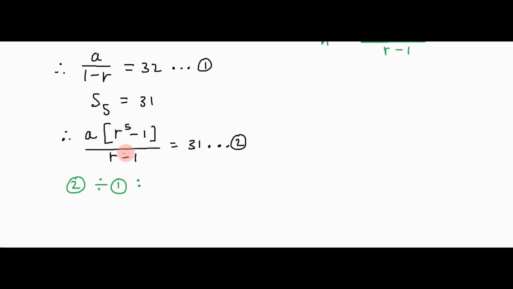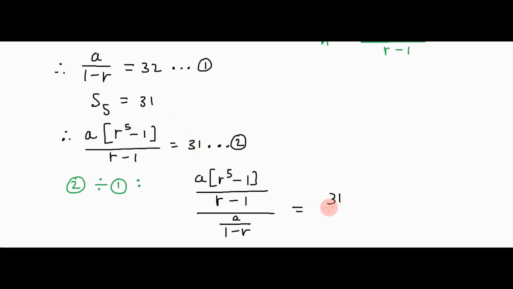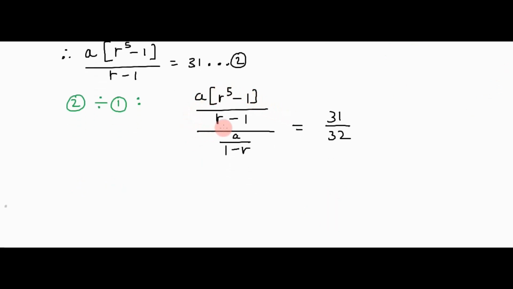So we have the left-hand side of equation 2, so that's a into r to the 5 minus 1 over r minus 1, divided by the left-hand side of equation 1. And this is equal to 31 divided by 32. So on the left-hand side here, we have a fraction over a fraction.